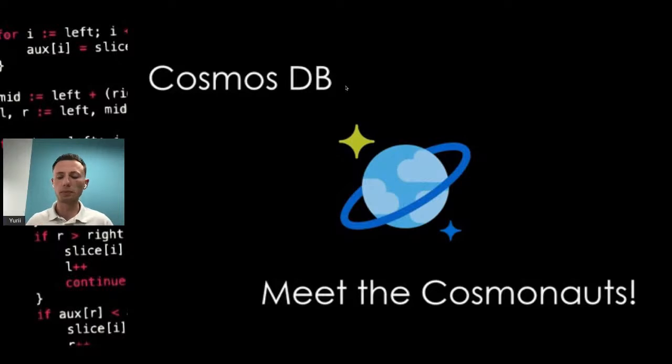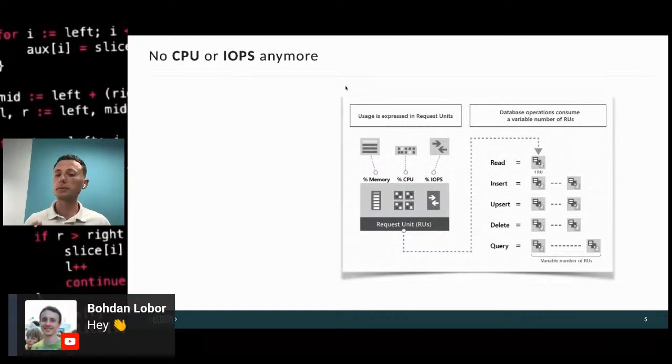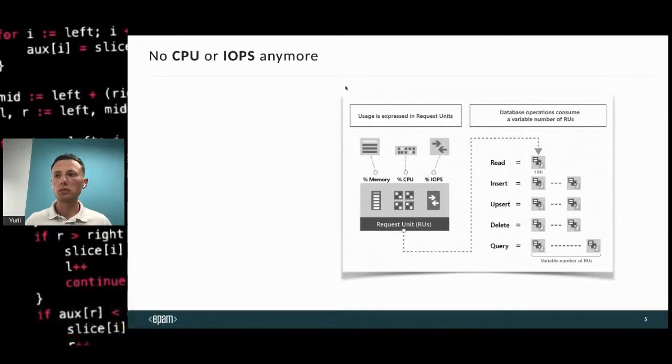I think that we can start with request units, and request units are an abstraction around the usual memory, CPU, IOPS. Azure thinks that we don't need to think about this.